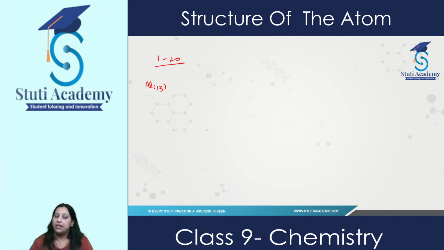It's 13. And simultaneously write down the electronic configuration. I'm writing here. You can write it down in your notebook. K, L, M, N. These are the energy shells. And how can we write the electronic configuration according to the Bohr model?